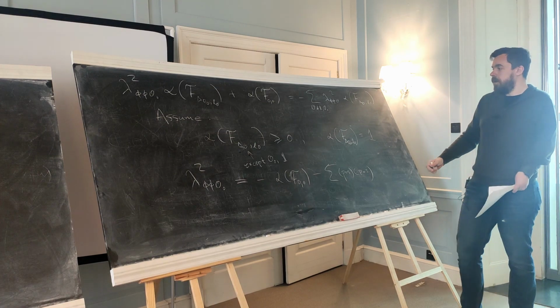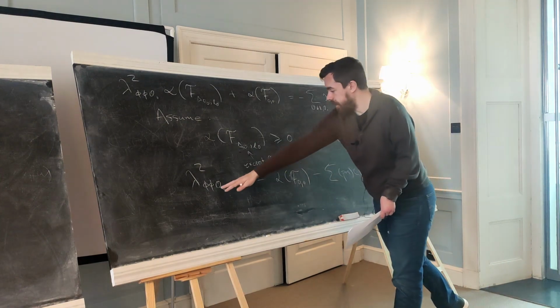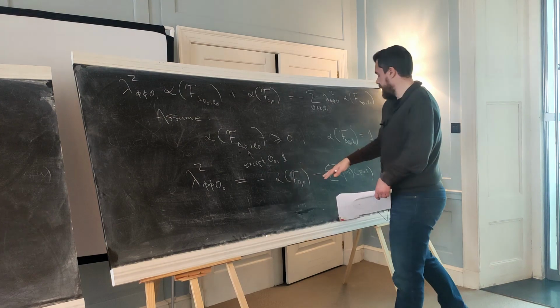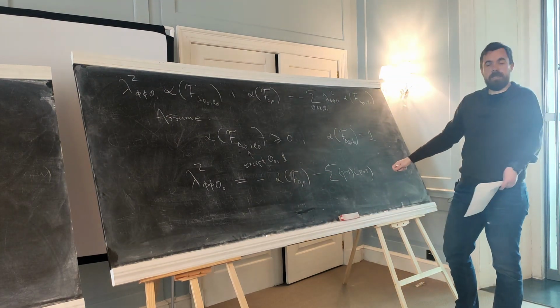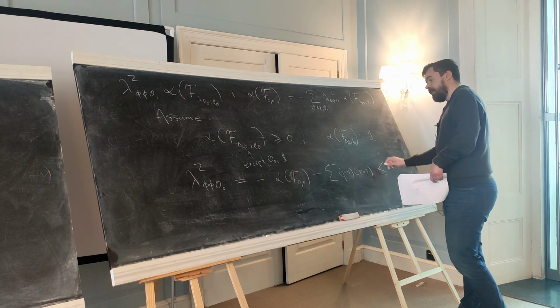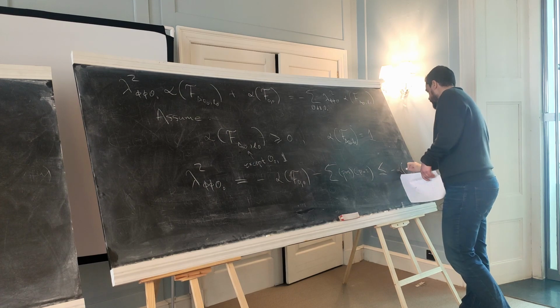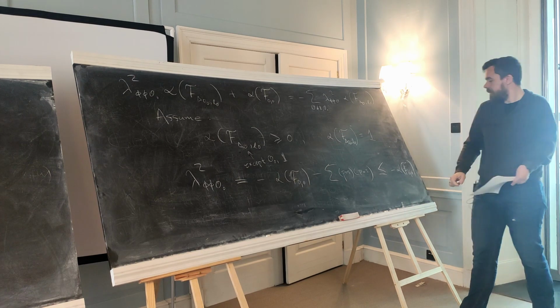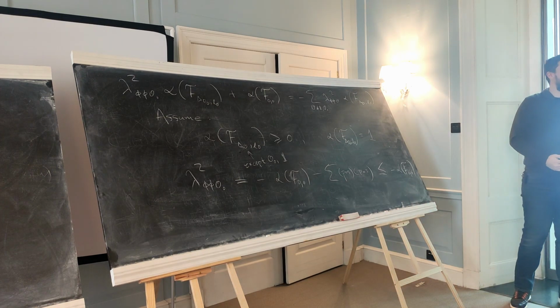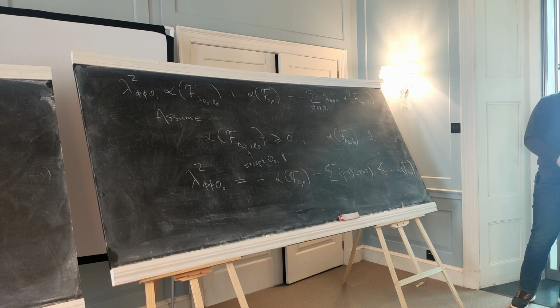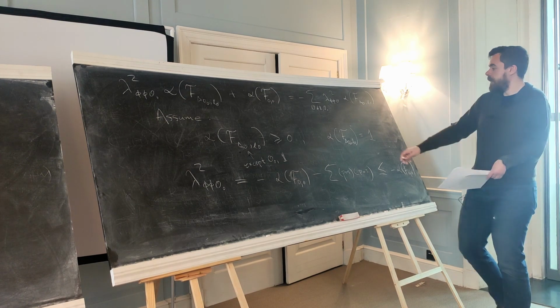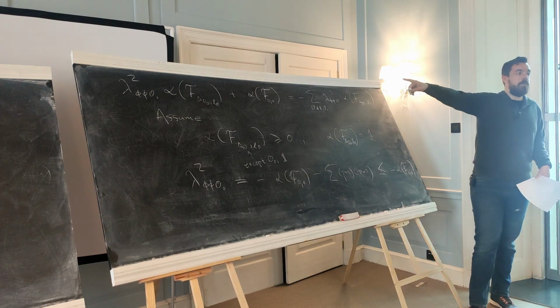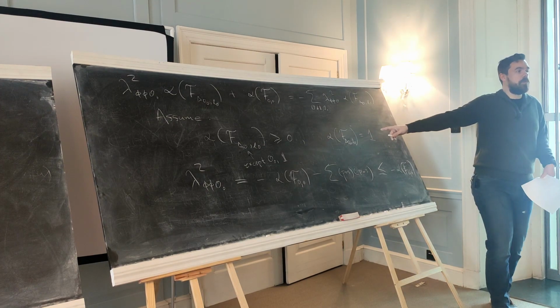So I have something that is this minus something that's positive. So that means that it's less than or equal to that something. Aren't you missing an alpha f on the left hand side? Alpha f. I set that equal to 1. I set that, sorry. Yeah, from my assumption of the choice of functional.